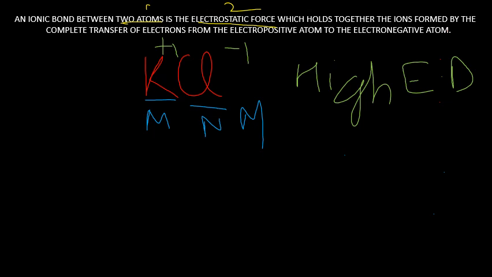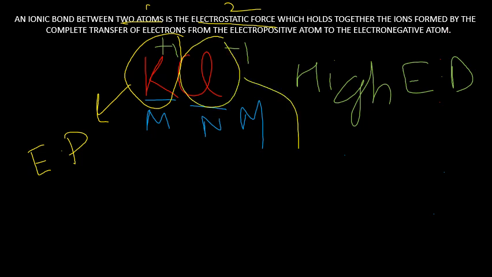So potassium is called electropositive. I'm going to write that as EP, and chlorine will be called electronegative. I'm going to write that as EN. So we know that a positive and a negative charge will attract.